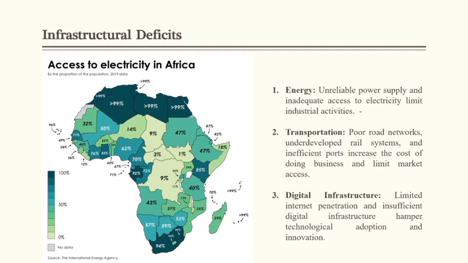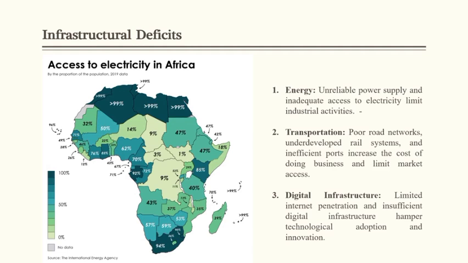So you see, Africa goes through a lot in regards to electricity, and not just electricity. Look at energy: unreliable power supply and inadequate access to electricity limit industrial activities. So when that happens, because of poor access to electricity, industrial growth is likely to suffer. And then we see transportation, another challenge facing Africa.